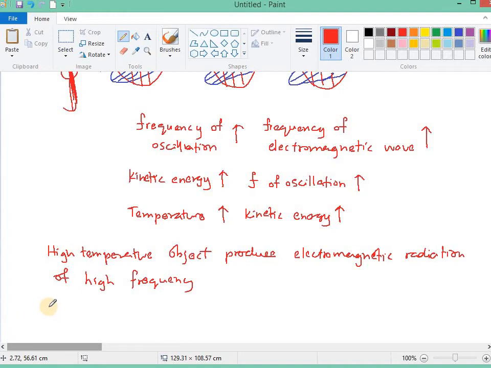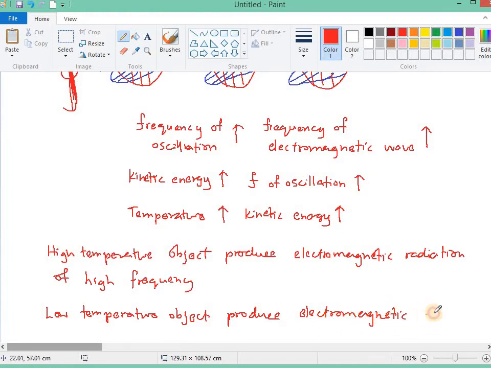So if the temperature of the object is low, the opposite will happen. So a low temperature object produces electromagnetic radiation of low frequency.